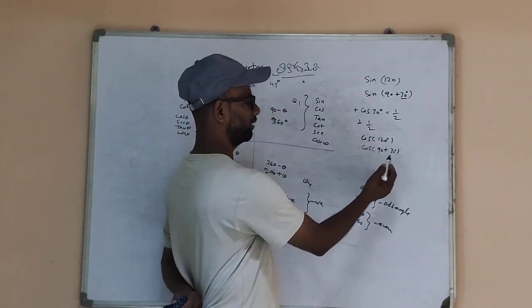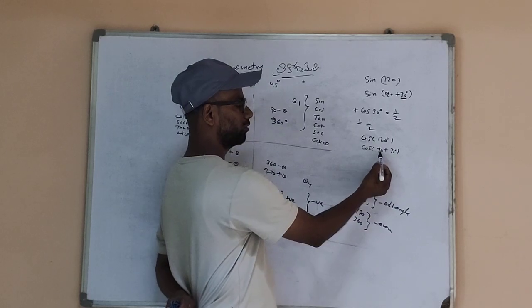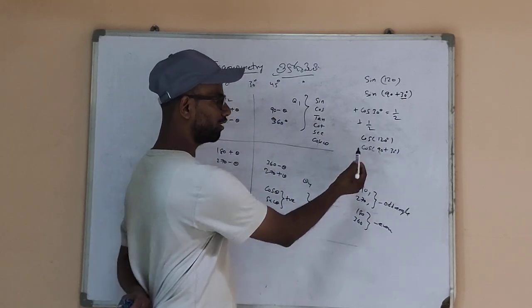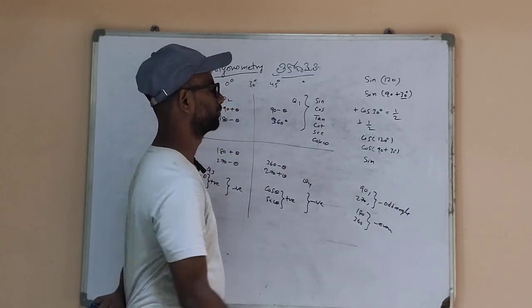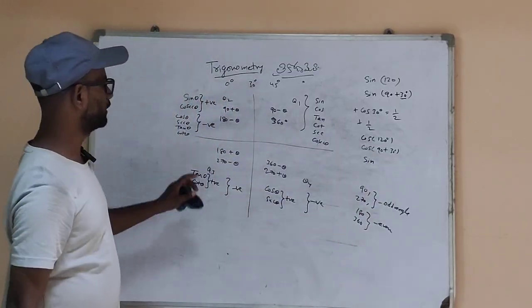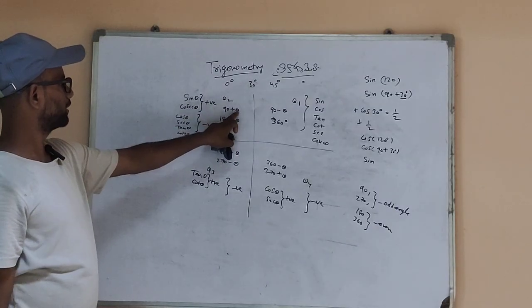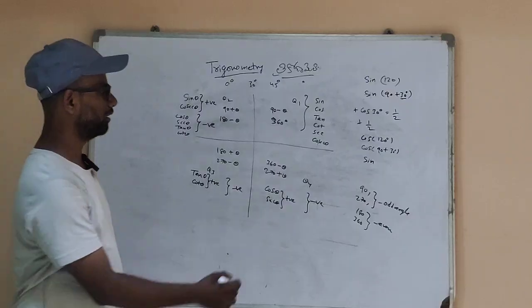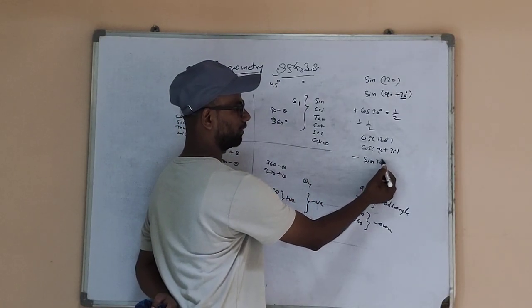So cos of 90 plus 30. 90 is an odd angle, so cos should be converted into sine. In 90 plus theta, is cos positive or negative? In 90 plus theta, cos is negative. So write minus. Cos is converted into sine and the remaining part is sine 30.